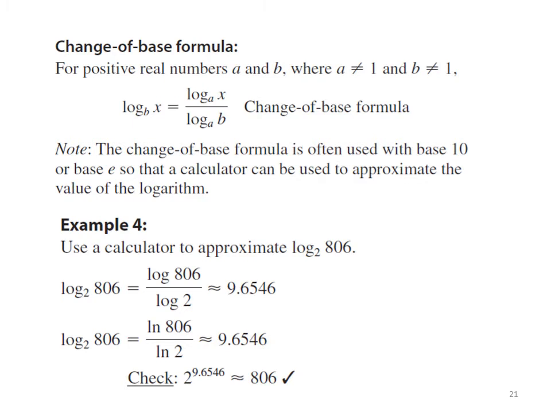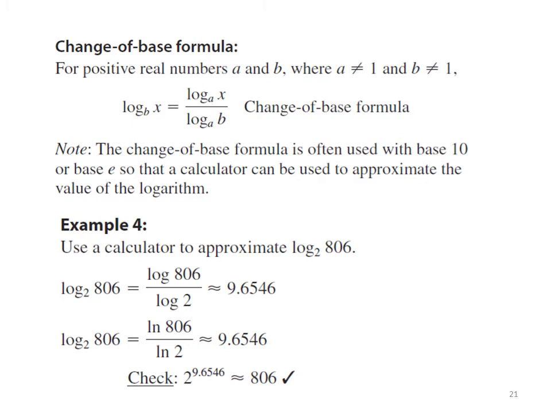Let's do the same problem but using base e, the ln. Log 806 to the base 2 is equal to ln 806 divided by ln 2. It will be 9.6546, and at least to 4 decimal places you get the same answer. Of course, if you want to check, remember this is an approximation.